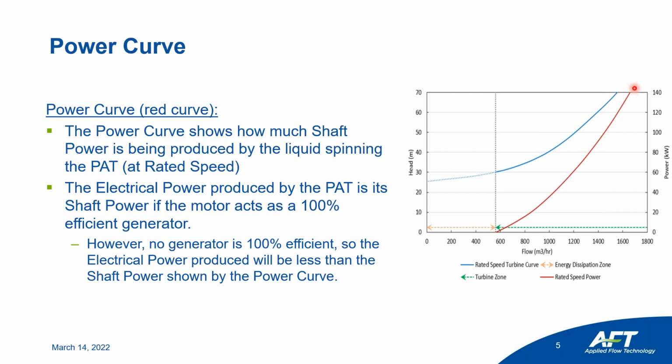However, if you want the exact power you are producing as the electricity, you will have to apply a generator efficiency to this power to get the reduced power that you would see generated as electricity.